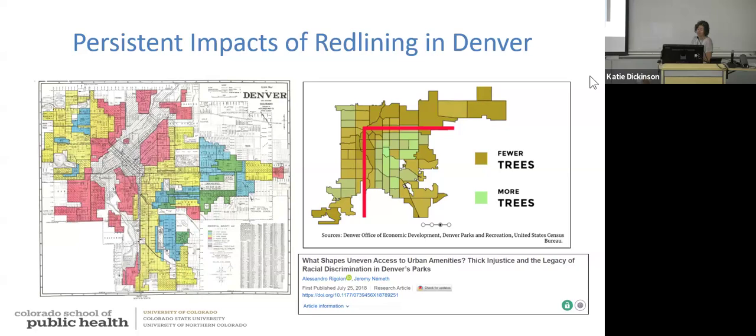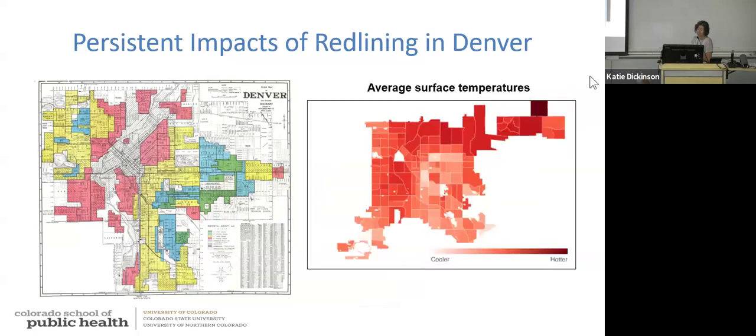So this redlining map, right, gets thrown up a lot to show where this has led to the pattern that we call the inverted L in Denver, where you can see those formerly redlined neighborhoods in the north and west of the city. We see the signature of that redlining pattern in things like which areas have more trees and parks, in things like average surface temperatures, right?